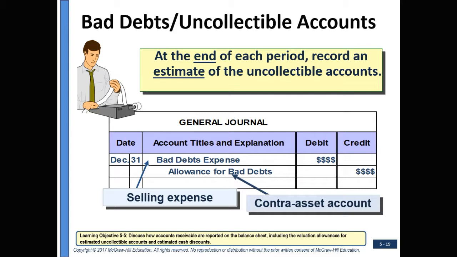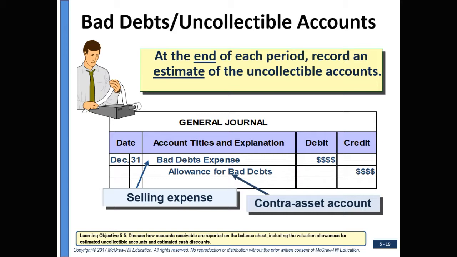At the end of each period, there should be a record that estimates the amount of uncollectible accounts. This estimate is typically an estimate of the amount of credit sales that are not going to be collected as a result of an increase to the bad debts expense, and then it results in an increase in the contra asset account allowance for bad debts.